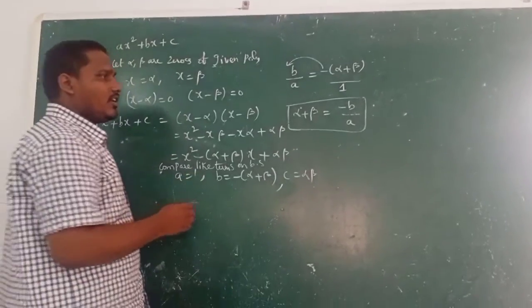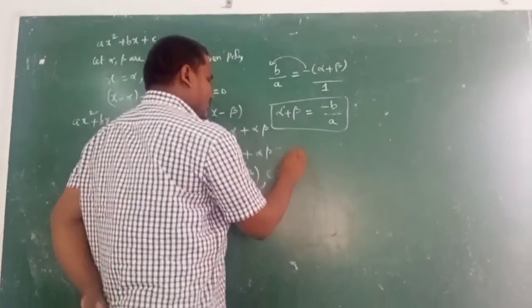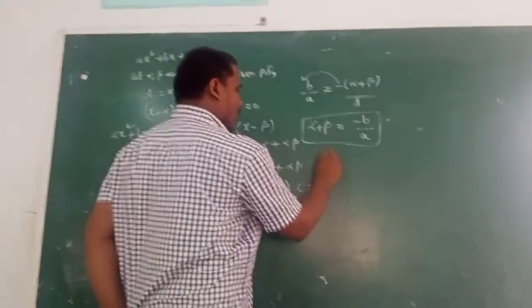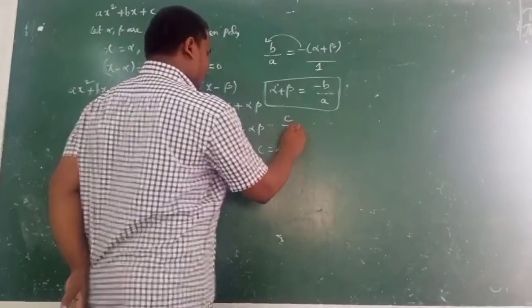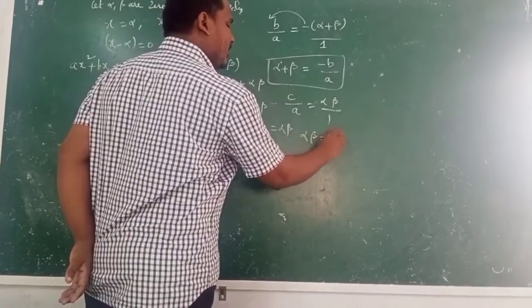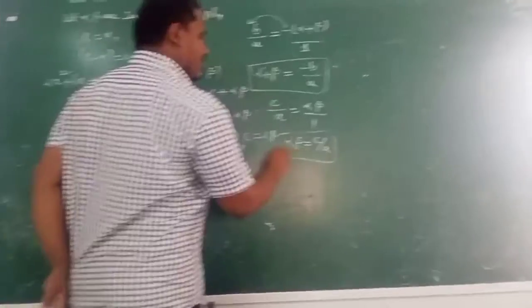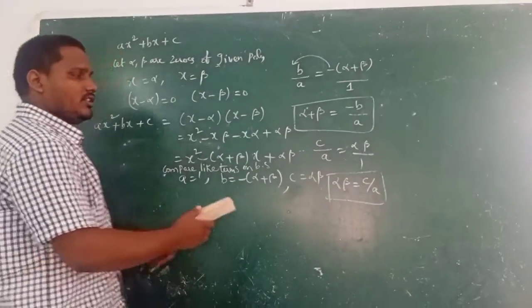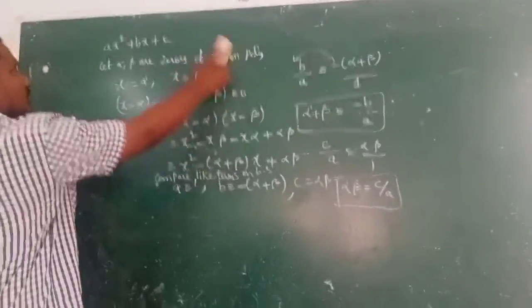This is the formula for sum of zeros. Then I am going to find the product of zeros. Alpha beta equals c by a, that is alpha beta by 1. Therefore alpha beta is equal to c by a. This is the formula for product of zeros.